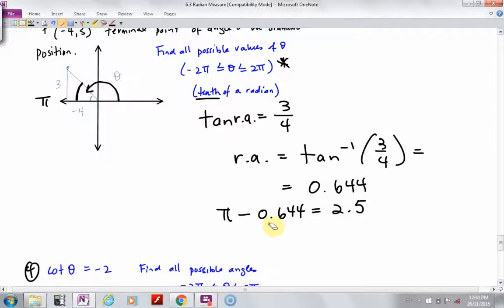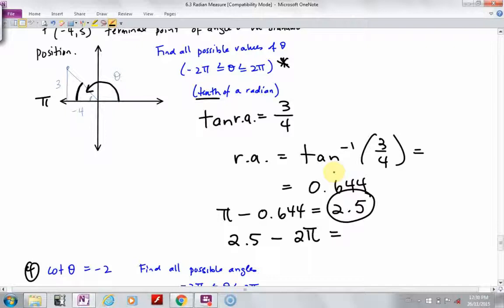How do I go back the other way to get between 0 and negative 2 pi? What am I going to do? Subtract what? 360 degrees, which is how many radians? 2 pi radians. So 2.5 take away 2 pi is going to take me back the other way.